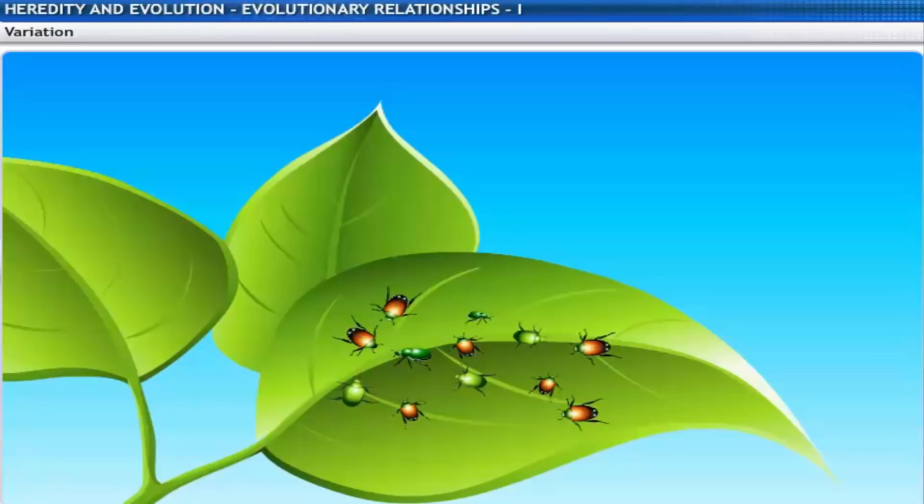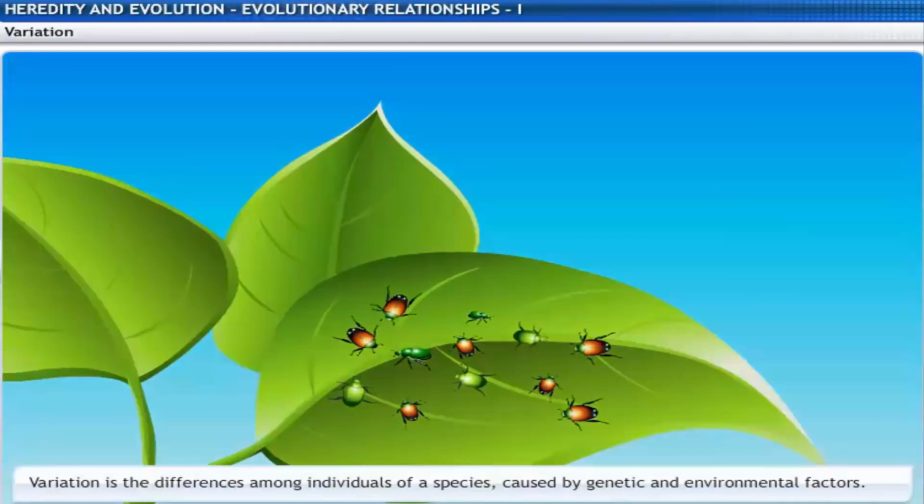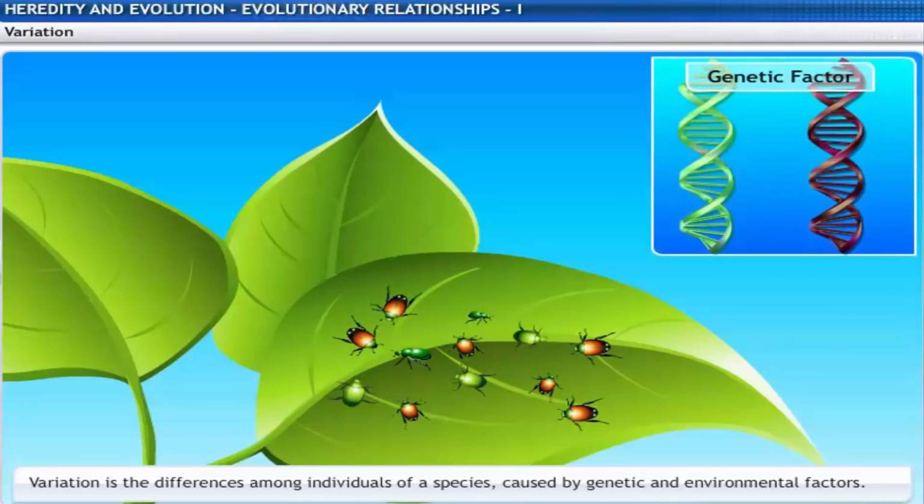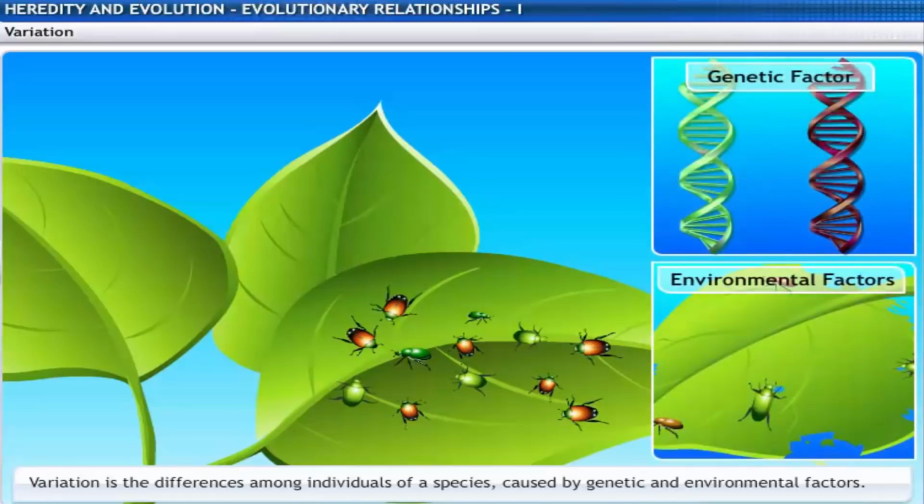Evolution requires genetic variation. Variation is the differences among individuals of a species caused by genetic and environmental factors. Let us discuss this with the same beetle example.